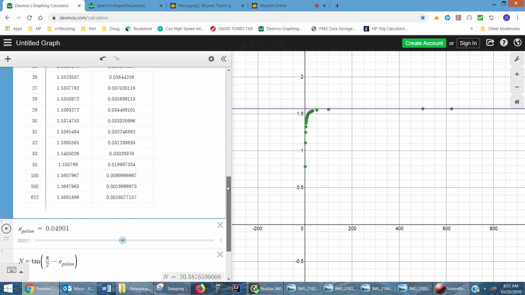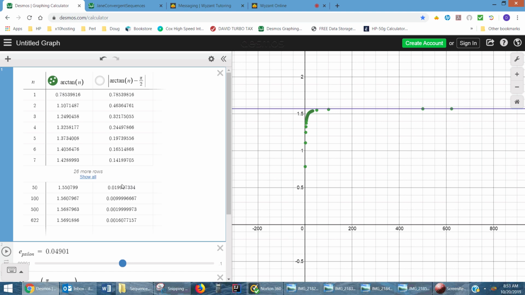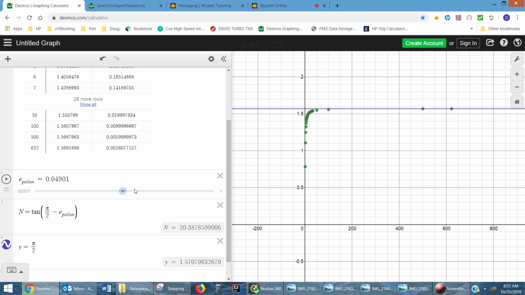So you give me an epsilon, very small, and we're letting capital N equal the tangent of pi over 2 minus our little epsilon. We're suggesting that as long as little n is bigger than capital N, which is 30.28, the difference between arctan of n and pi over 2 will be less than this epsilon right here.